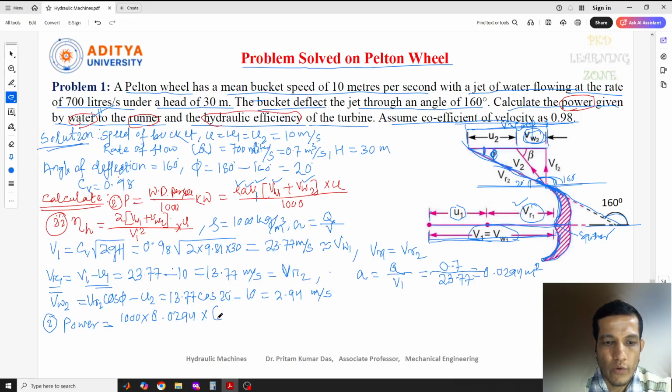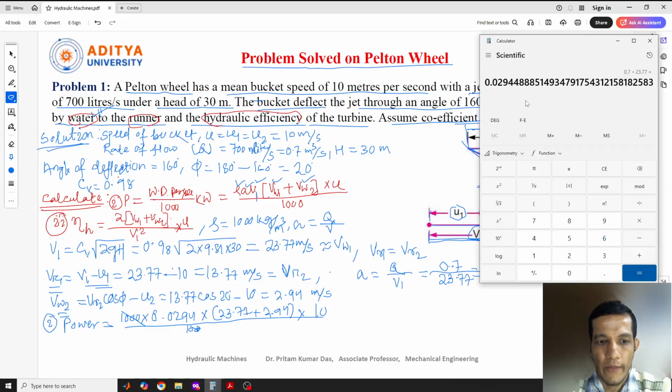VW1 equals how much? VW1 equals 23.77, plus VW2 which is 2.94, bracket close, into U. U is nothing but 10, and this divided by 1000. I can cancel this.